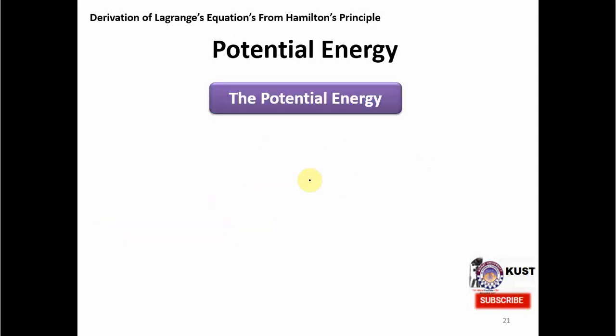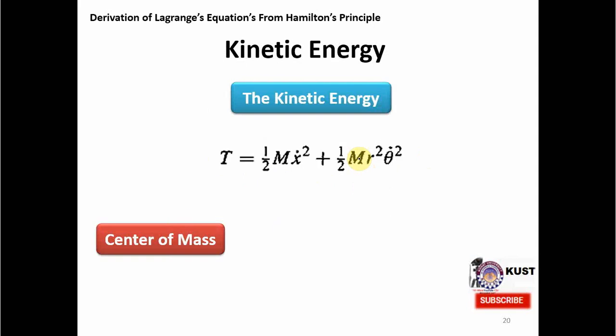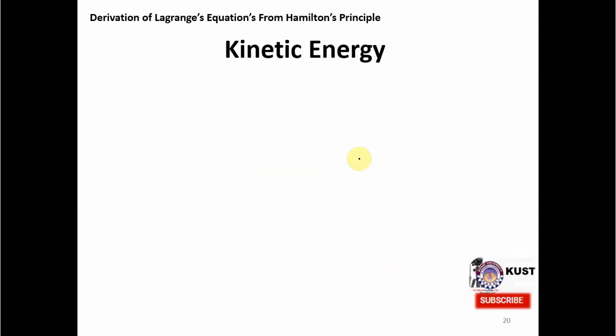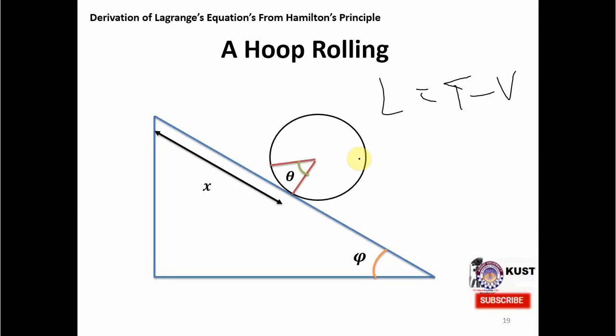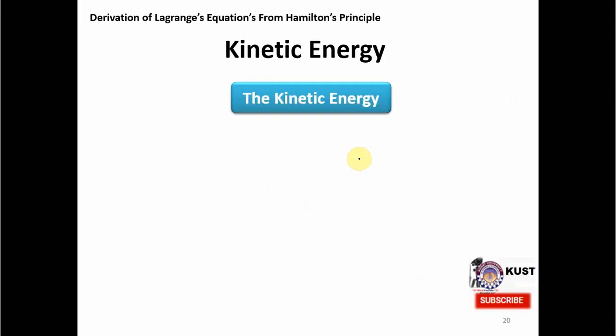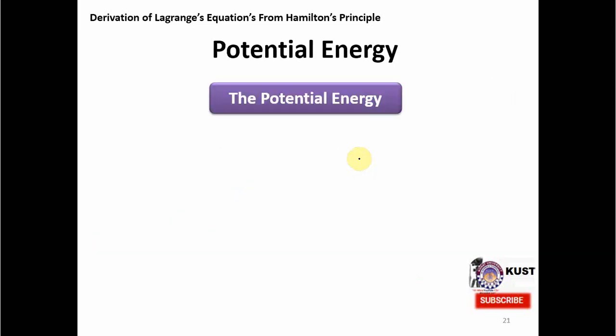And then we go towards the potential energy. The potential energy is equal to m g (L minus x) sine theta, and you can easily recognize this from this diagram.